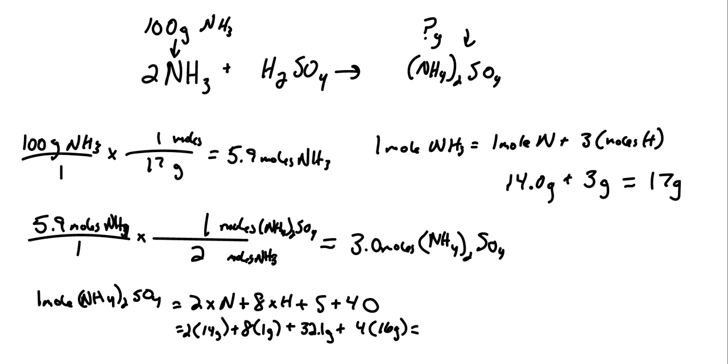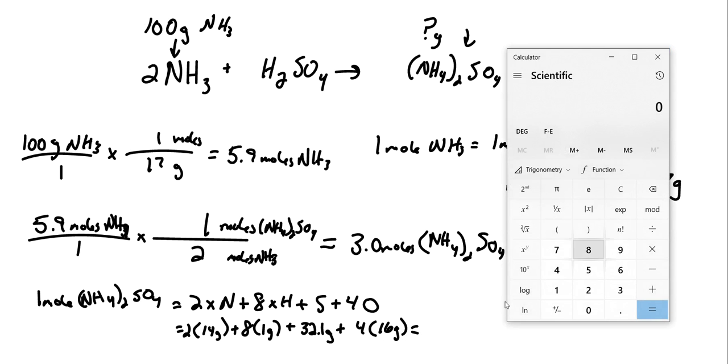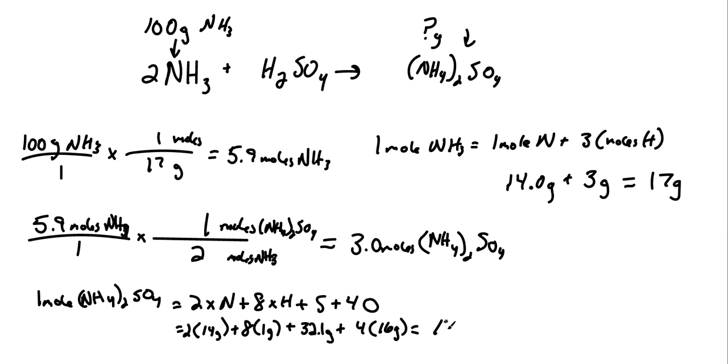Equals, now let's just put that all in our calculator. So 2 times 14 is 28 plus 8 times 1 is 8 plus 32.1 plus 4 times 16 is 64 equals 132.1 grams per mole, or 1 mole equals that.